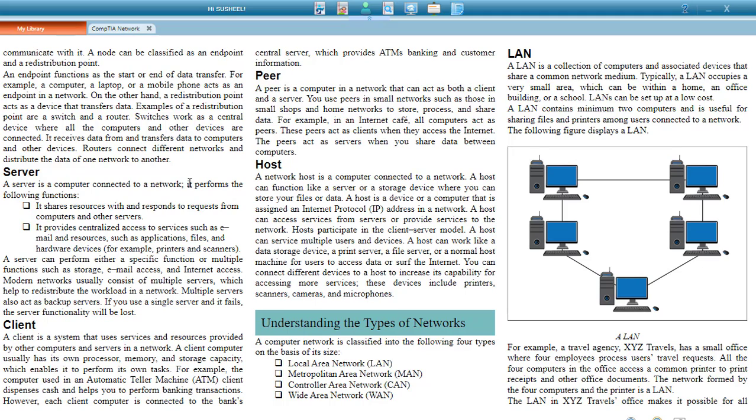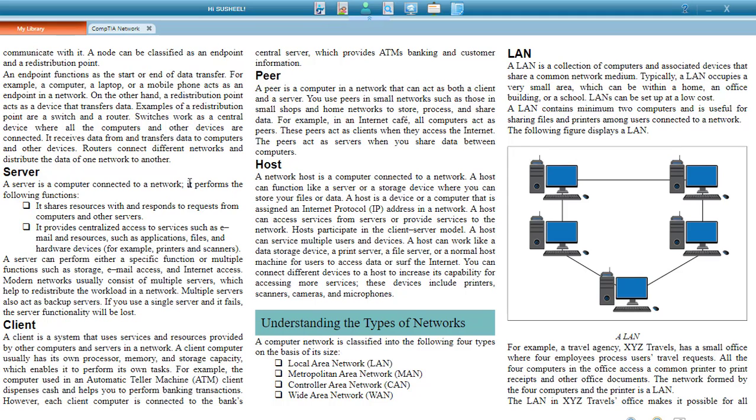A server can perform either a specific function or multiple functions such as storage, email access, and internet access. Modern networks usually consist of multiple servers, which help to redistribute the workload in a network. Multiple servers also act as backup servers. If you use a single server and it fails, the server functionality will be lost.